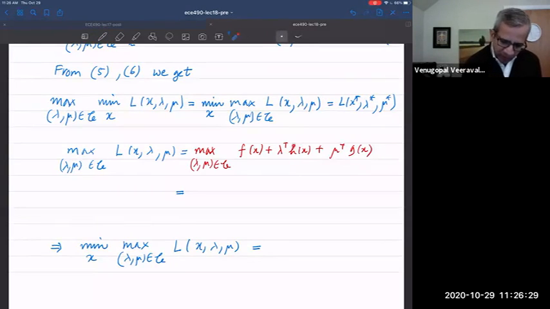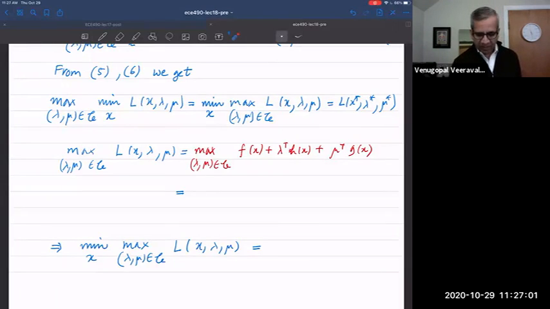So suppose one of the components of h of x, one of the hi's of x, is non-zero, so it doesn't satisfy the constraint. Then what's the maximum value of the sum? You're maximizing over all lambda. Each of the lambdas can take values in the whole real line, and one of these is non-zero.